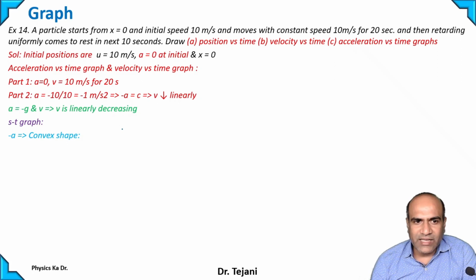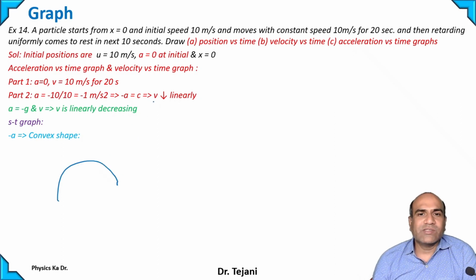Acceleration is negative for the last portion, therefore it is a convex shape. The shape is like that. And velocity was positive, so the slope should be positive, less than 90 degrees.